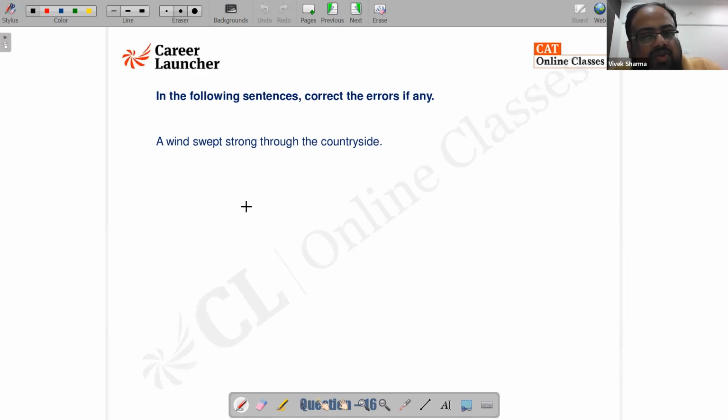A wind swept strong through the countryside. What is wrong with this sentence? Tanya, correct. Ritika, correct. Ritik, correct.